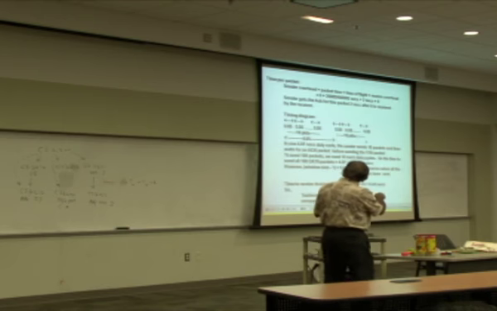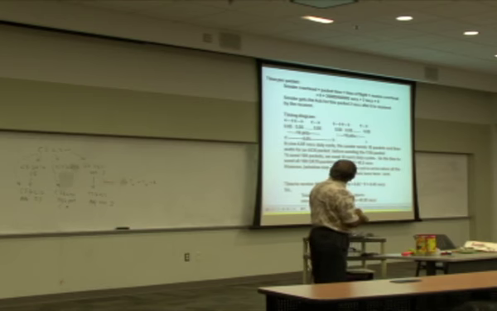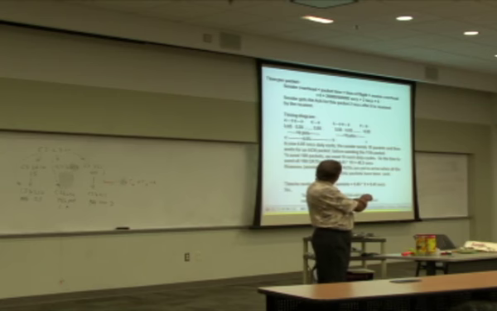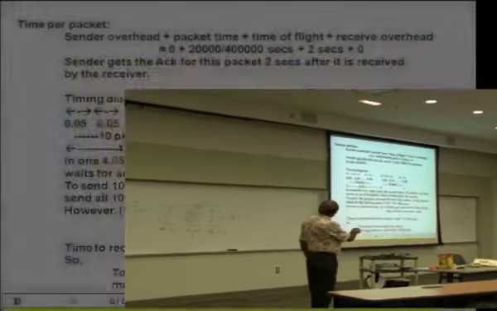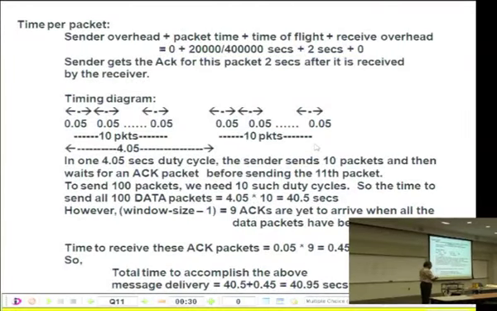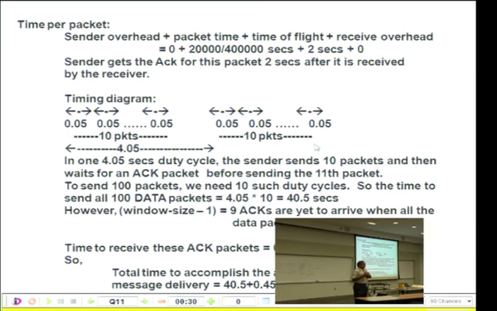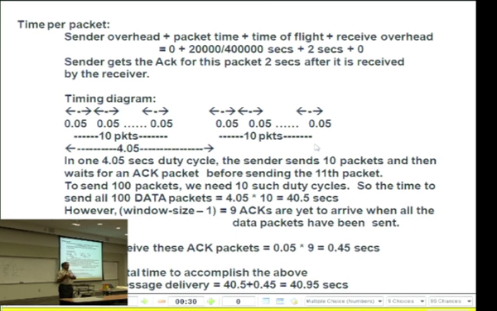And so after 4.05 seconds, you're going to see the first ACK. Is that idea clear? So the first ACK is going to come back after this amount of time it takes to place the packet on the wire, and from the end of this to the ACK coming back, it's going to take 4 seconds. So that's when I can start sending the next packet, because I send a window of 10 packets and wait, and the amount of time I wait for the ACK to come back will be 4.05 seconds. Everybody with me here?